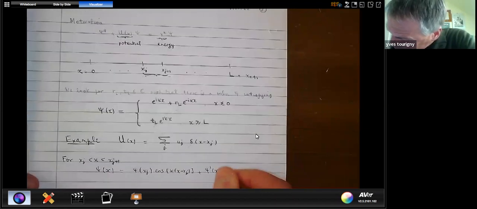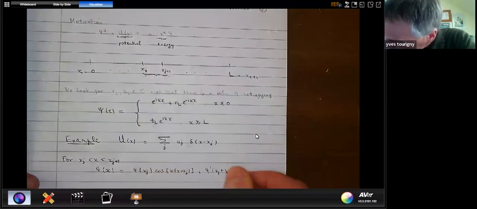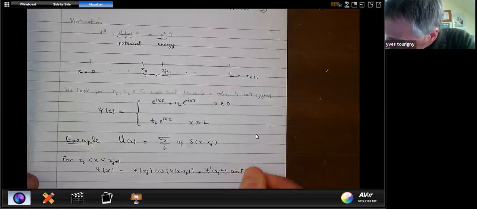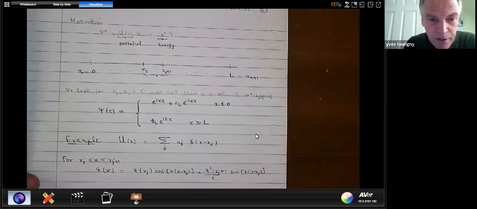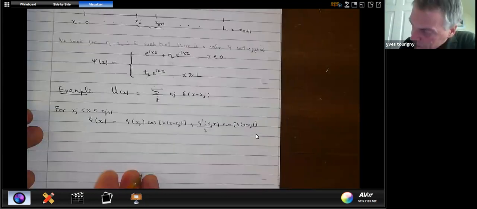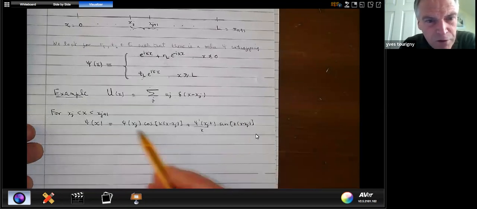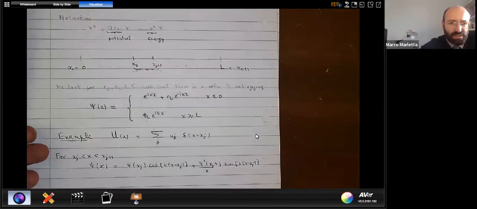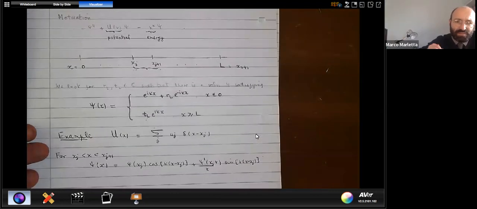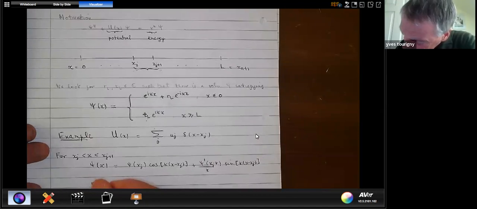Yes, I'm interested in the solution in this interval. So we need to divide by k. Can people see where this formula is coming from? Yeah, that's clear. And then we're going to write the formula for psi prime.